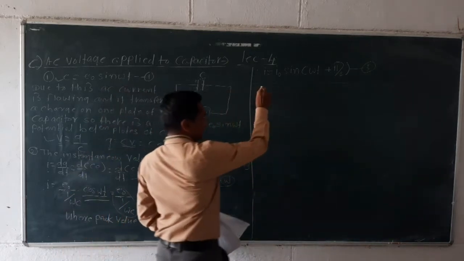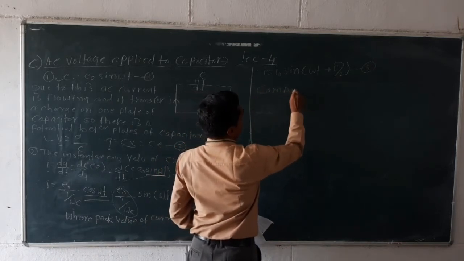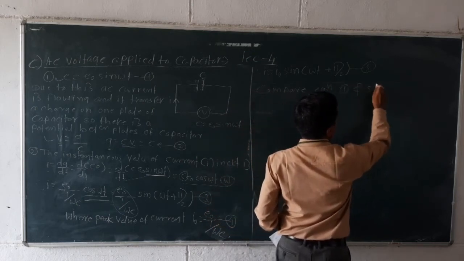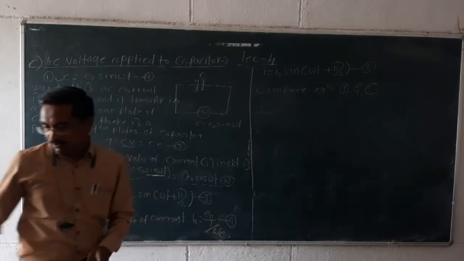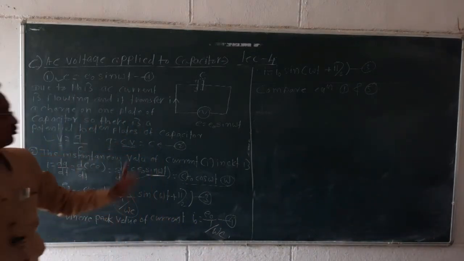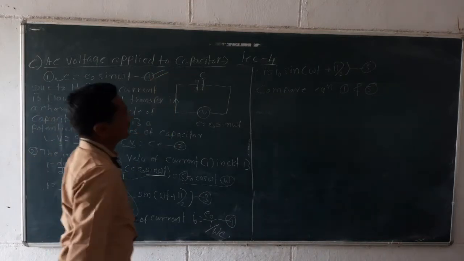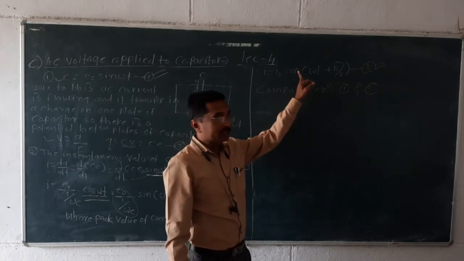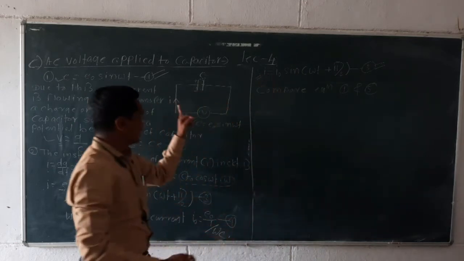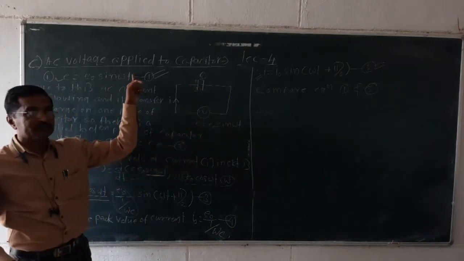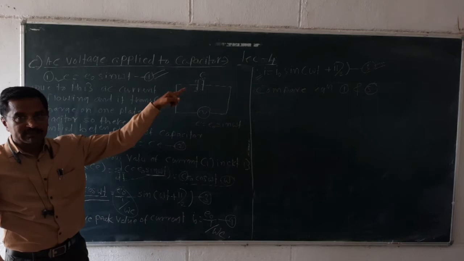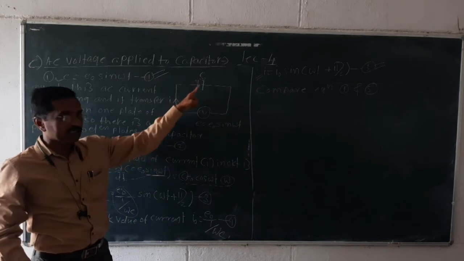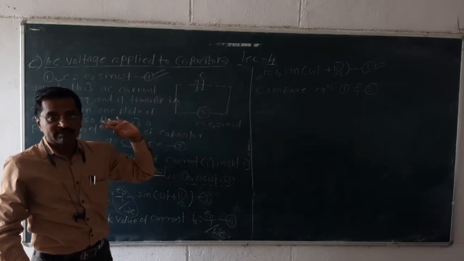Now see, compare the equation. Equation 1 and 5. Now this is the very important part. By comparing the equation 1 and 5, first see, the equation 5 gives us the alternating current flowing through the capacitor due to the alternating voltage applied to the capacitor. हे काय देते तुम्हाला त्या कॅपॅसिटर मधून फ्लो होणारा अल्टरनेटिंग करंट देते आणि इक्वेशन 1 gives us the alternating voltage applied to the capacitor.